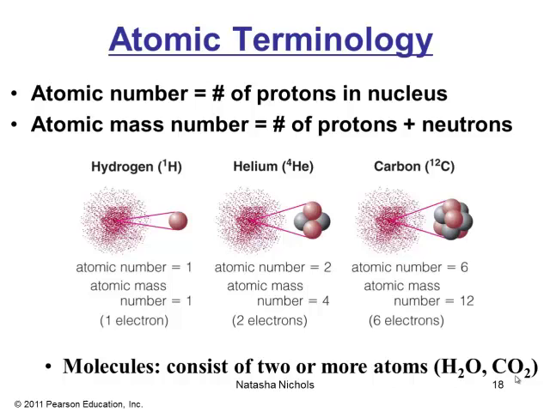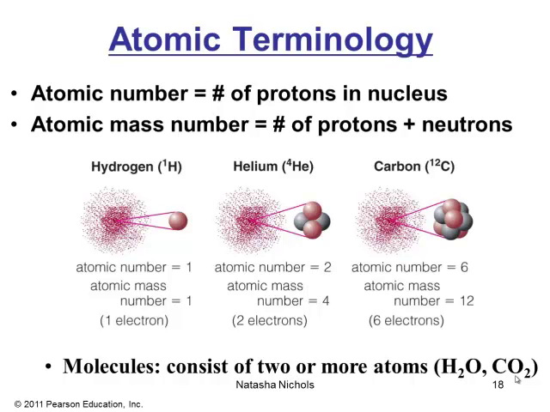I'd like to talk a little bit about atomic terminology. What we call atomic number is the number of protons in the nucleus, and that is what defines the element. Hydrogen is defined by the fact that it has atomic number 1. Helium, the second element in the periodic table, has atomic number 2.